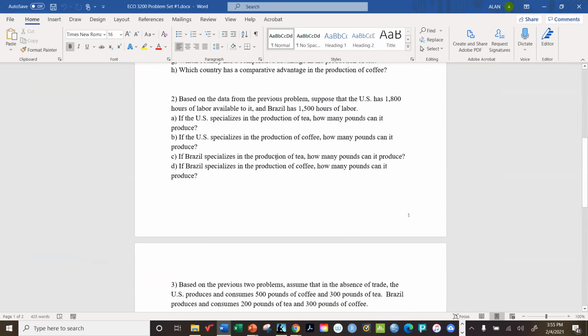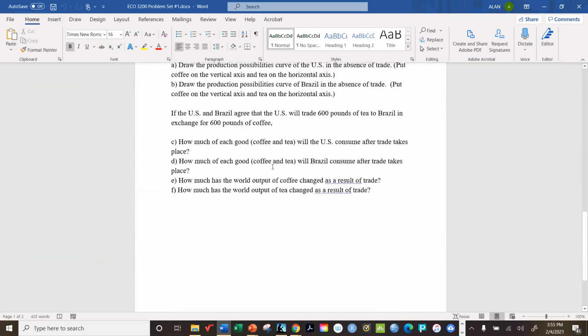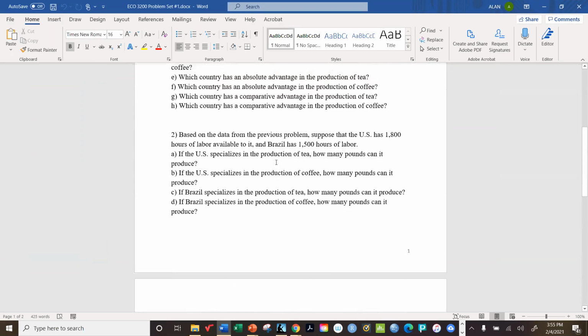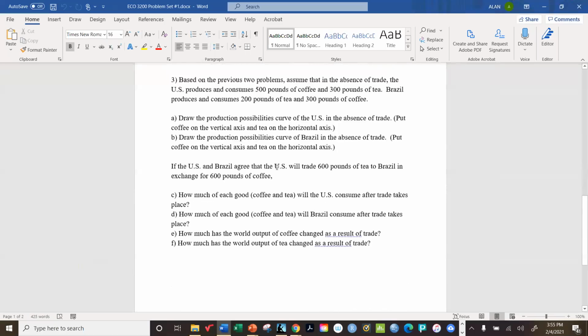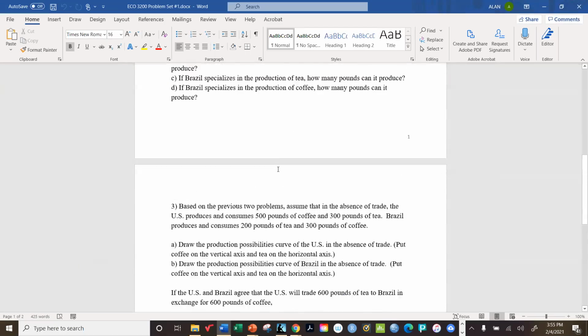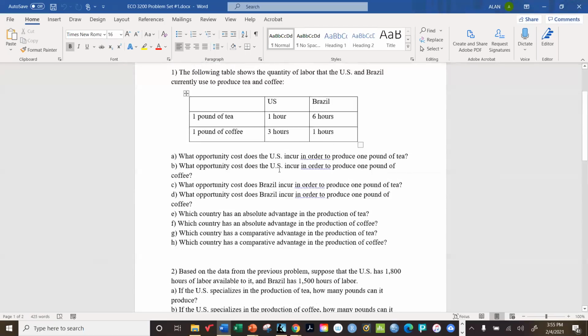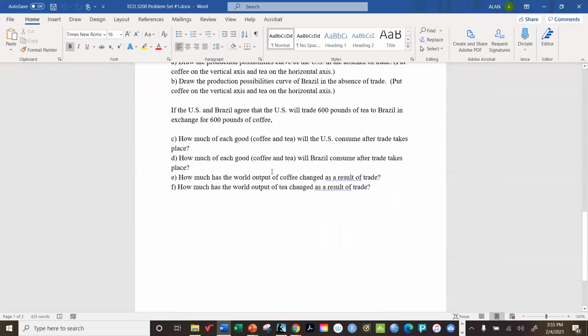You're not required to hand it in, but the more of it you do between now and Monday, the more you'll find out if you really understand what we're doing. So don't forget about this. You'll get a lot of good practice with these problems. And when you're done with it, you'll understand everything you need to know about comparative advantage. And then as we use it later on, it'll make perfect sense to you.